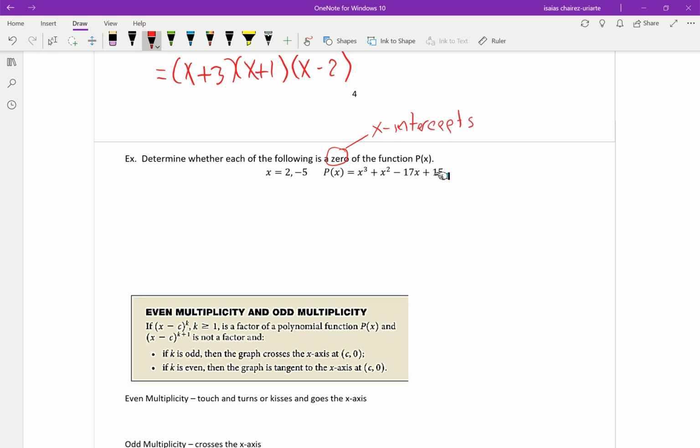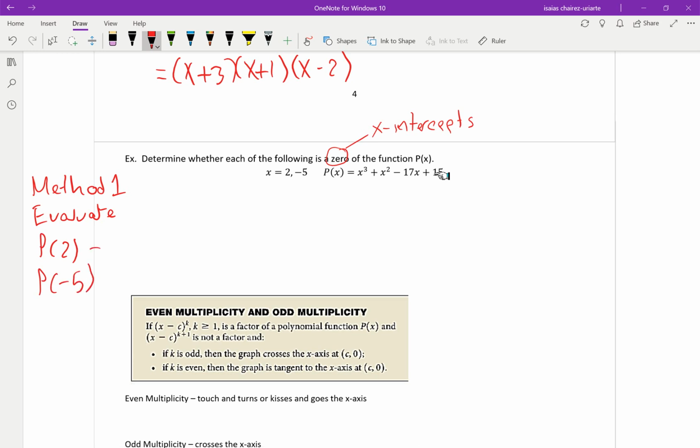All right, so let me show you a couple of ways to do this, just two forms. Method one is to evaluate. That just means that I've got to compute p of 2 and p of negative 5.